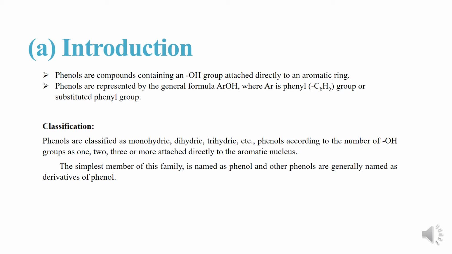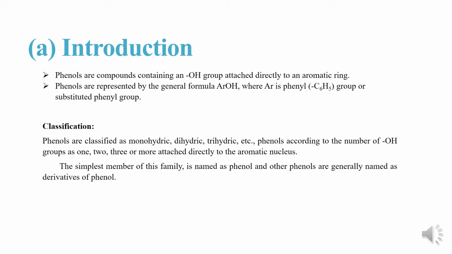Phenols are classified into monohydric, dihydric, etc., according to the number of hydroxyl groups, one, two, three or more, attached directly to the aromatic nucleus. Suppose one hydroxy group is attached to the phenyl group, then it is called monohydric.